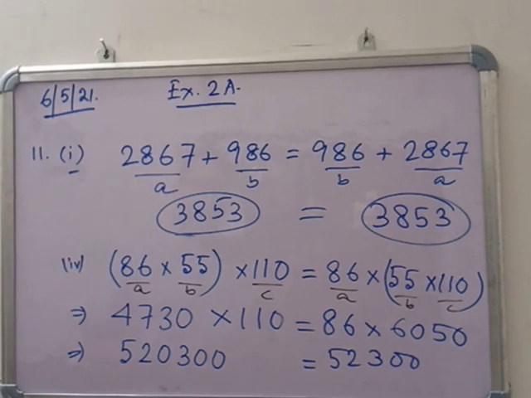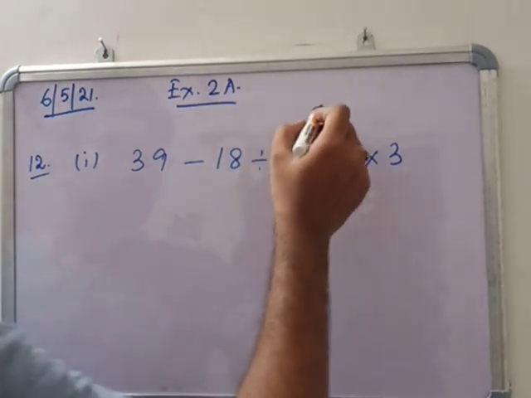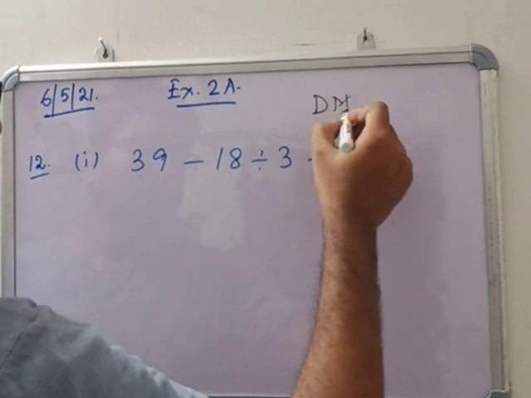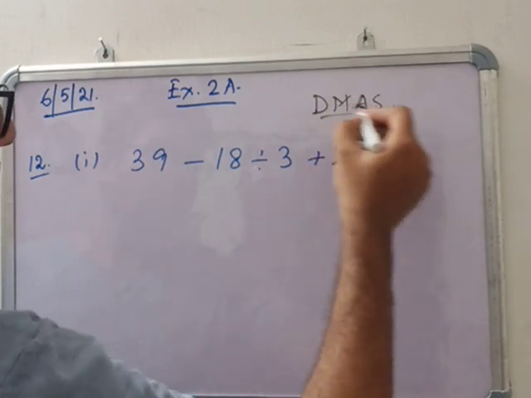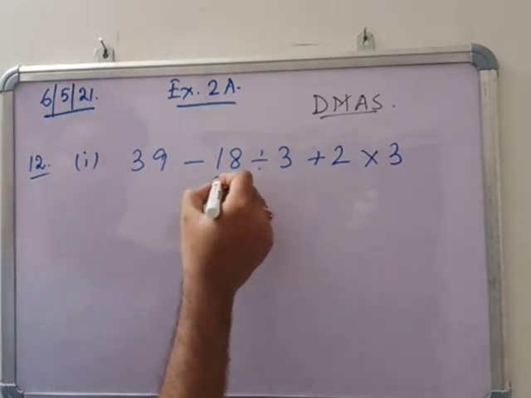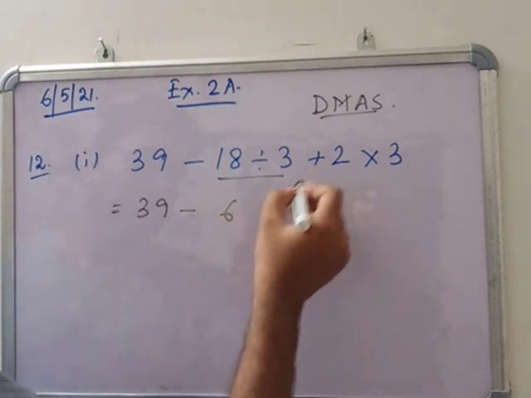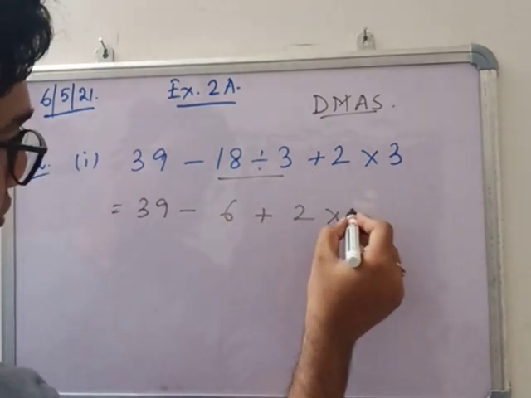Okay. Now we are going to the next, number 12. Now, simplification. In simplification, we use the BODMAS rule, that is, the DMAS rule: division, multiplication, addition and subtraction. So first, division is there. So this is 39 minus 6 plus 2 into 3.